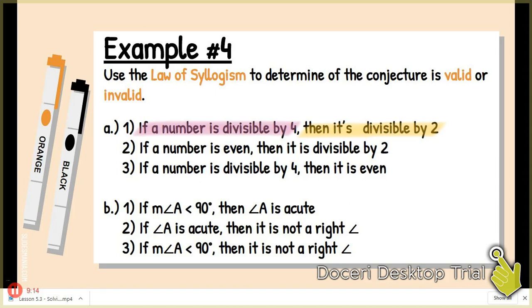And I don't. It starts with if a number is even, then it's divisible by 2. Since I did not start it with the hypothesis of if a number is divisible by 2, this would be invalid based on the law of syllogism.